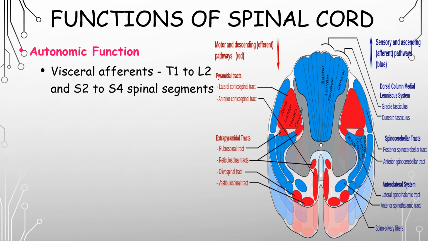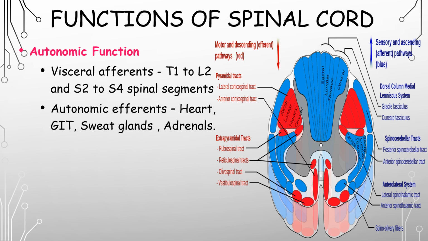Autonomic function, both afferent and efferent. Visceral afferent impulses travel through the dorsal nerve root to the lateral horns of the spinal cord, in the spinal segments from T1 to L2 and S2 to S4.